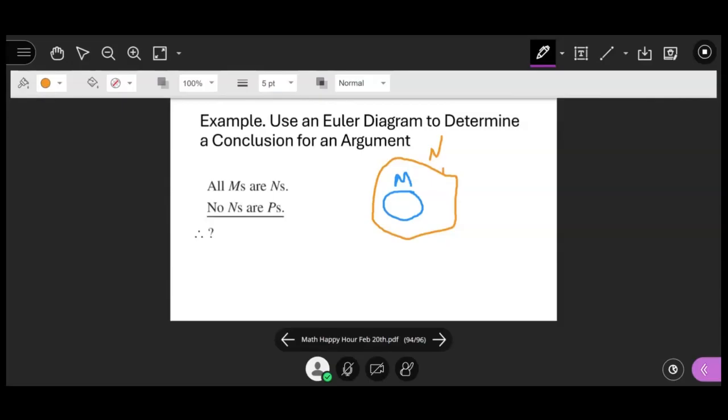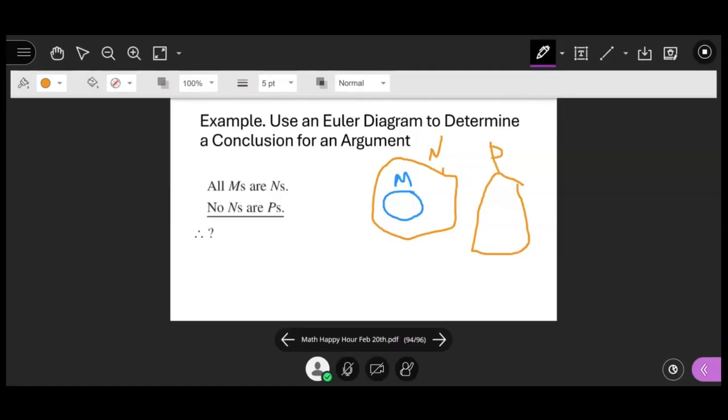And then it says, no N's are P's. Okay, so what does that mean? Our P circle has to be away from the N circle, right? So I can write it over here. Here's my P.